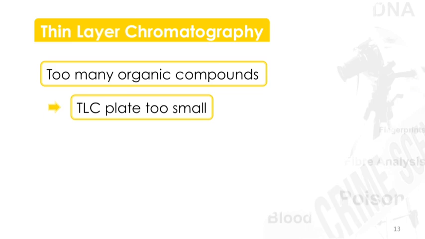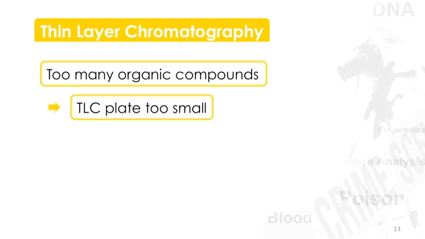So it's absolutely impossible for a little TLC plate to separate and distinguish between all of those millions and millions of compounds. And it's frustratingly frequent that we find that two different compounds will actually give the same spot on a TLC plate. That is, when we run our TLC plate, those two compounds will move to the same distance.